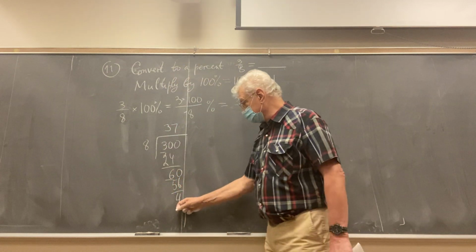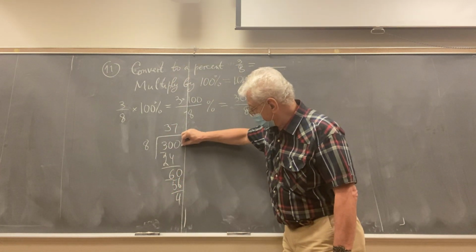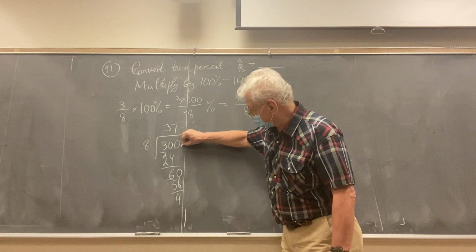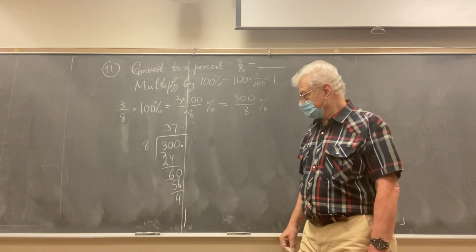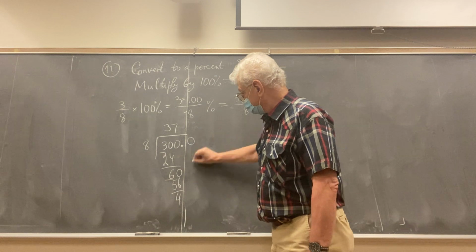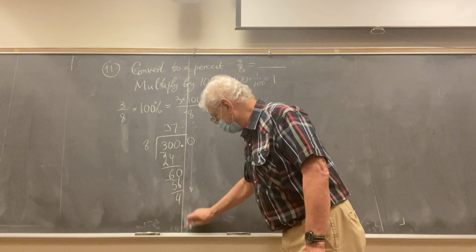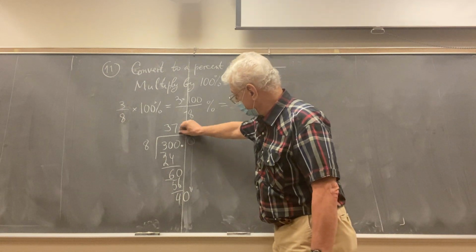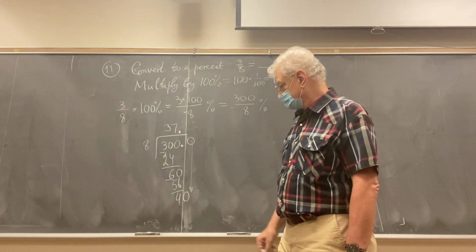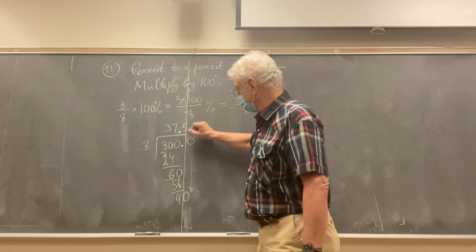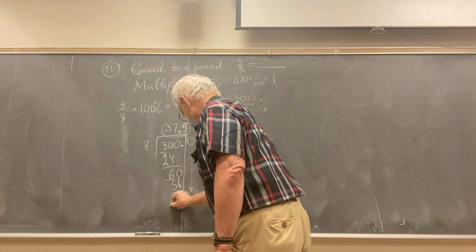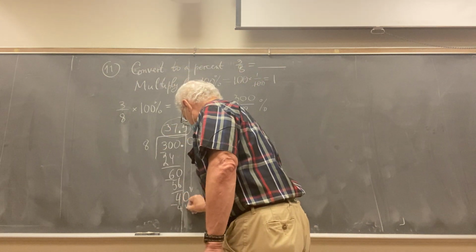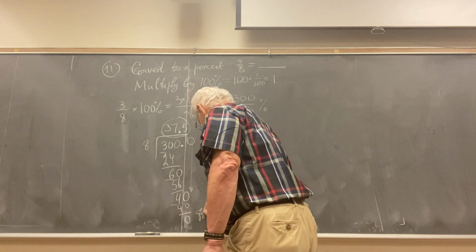You haven't finished your division, but now you are at the decimal point. That's why you have to write 0 here and move it down to continue. 40. And because you wrote a decimal point here, you must write a decimal point here as well. 40 over 8 will be 5. 5 times 8 is 40. So the remainder is 0, so you have to stop.